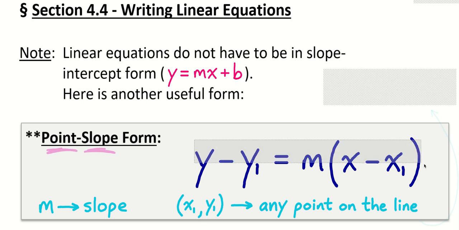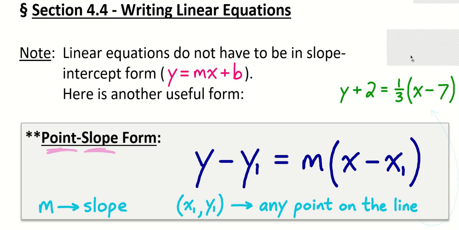Like if you graph this equation, it would become a line, and this x1 together with y1 could be any point on the line. One quick note, okay? The y right here and the x are just going to be y and x. Just like up here, when you actually have a specific example of an equation, it's going to be x and y.